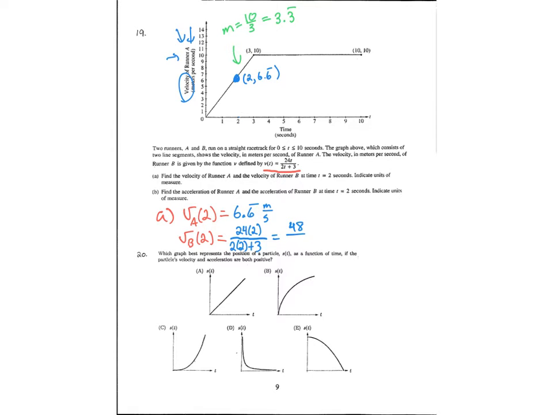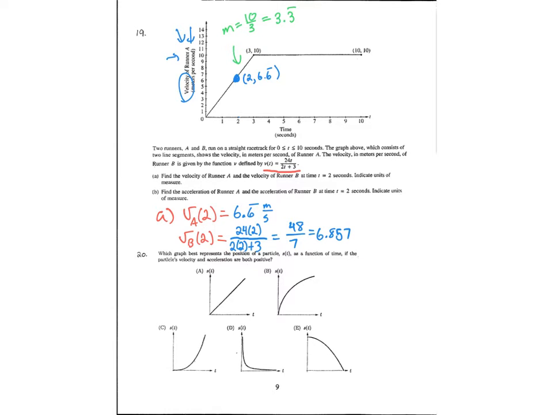And then 2 times 2 is 4. 4 plus 3 is 7. So 48 divided by 7. I'm going to reach for a calculator there. It is 6.857. So those are our two velocities of the runners.